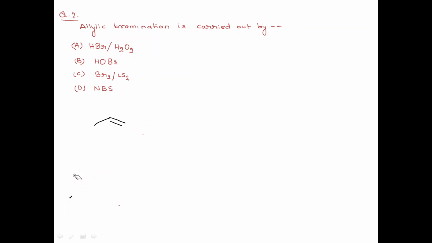What is the benzylic group? Okay, so for allylic and benzylic bromination, please try to memorize this: allylic or benzylic bromination is performed by NBS. NBS is essentially the reagent used for allylic or benzylic bromination.